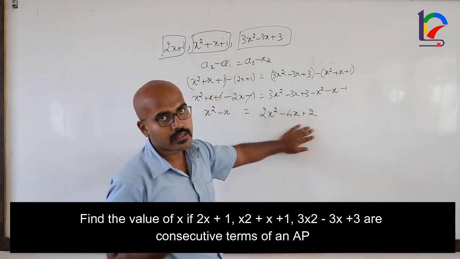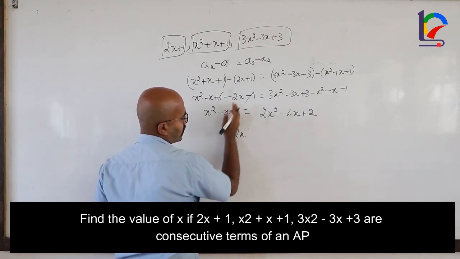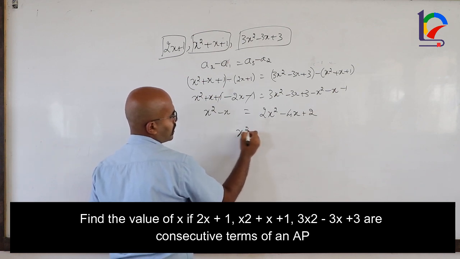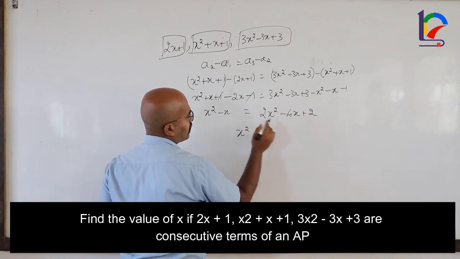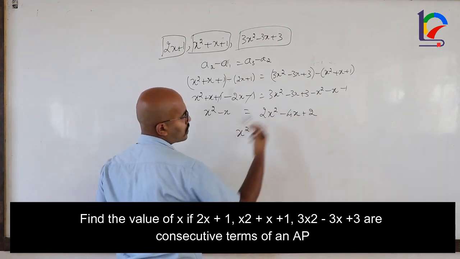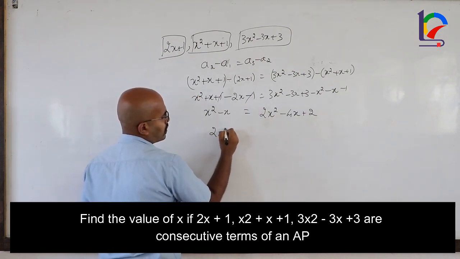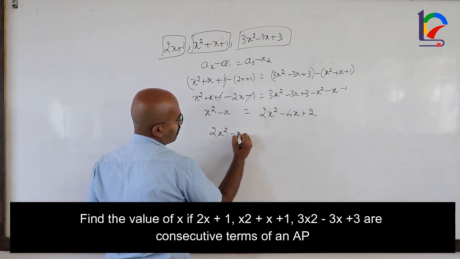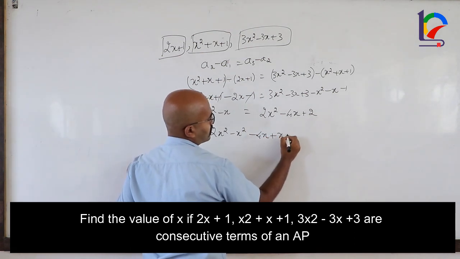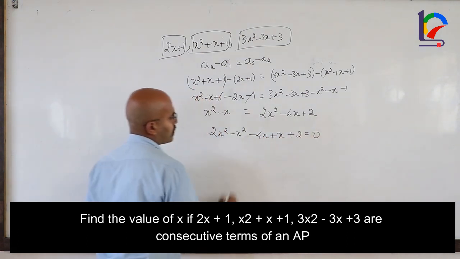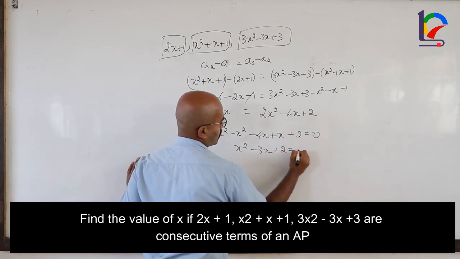When you take this to the RHS, 2x square minus x square, then minus 4x if it goes to the RHS. So you can write the terms: 2x square minus x square, next minus 4x plus x plus 2 is equal to 0. So x square minus 3x plus 2 is equal to 0.